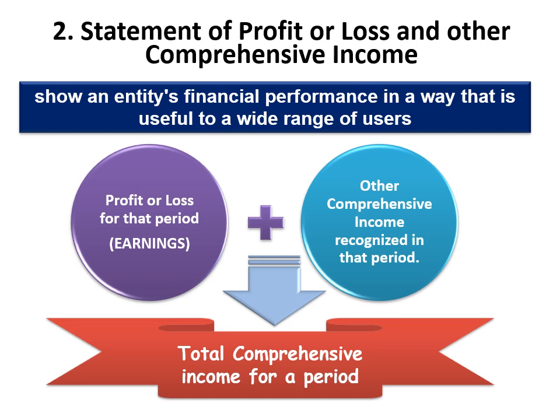The first one is profit or loss for that period, or what we call earnings. And then the second part is other comprehensive income recognized in the period. The combination of these two components results in total comprehensive income for the period.